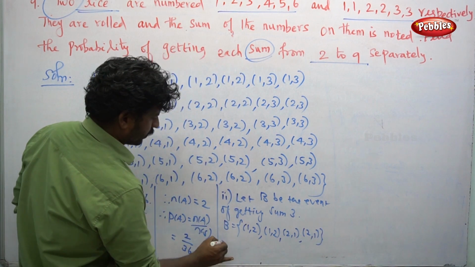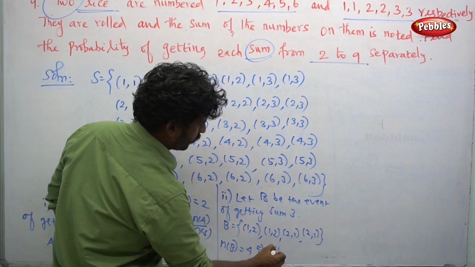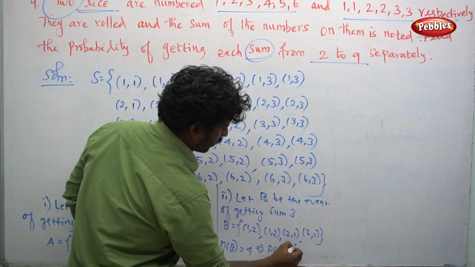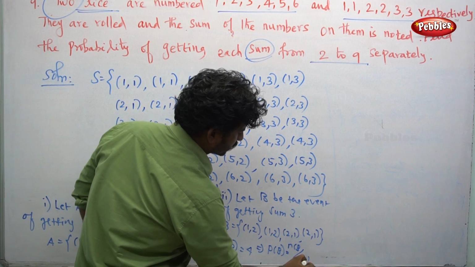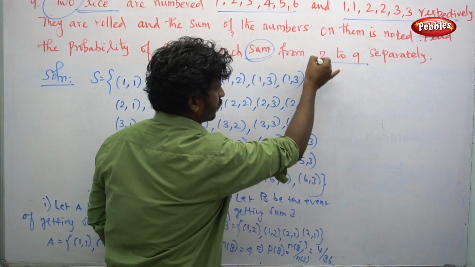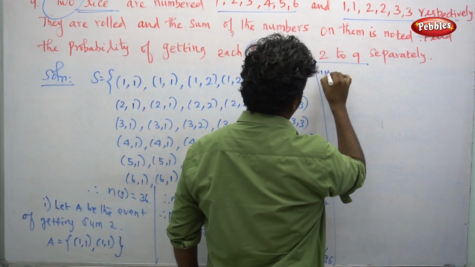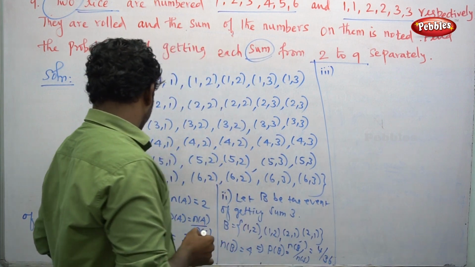So here n of B is equal to 4, which implies p of B is equal to n of B by n of S, which is 4 by 36. Now the next point: 2 is done, 3 is done.